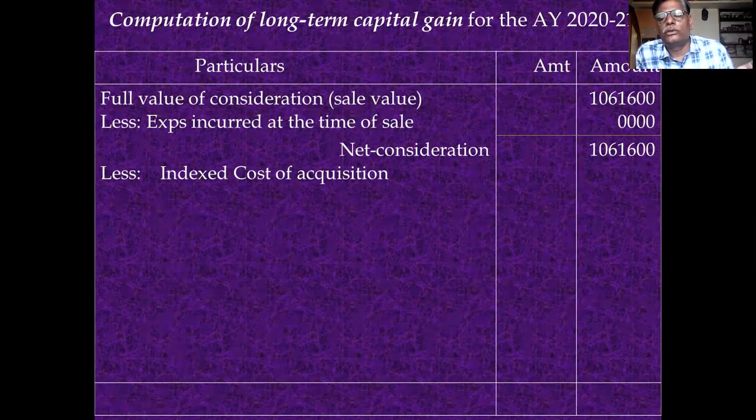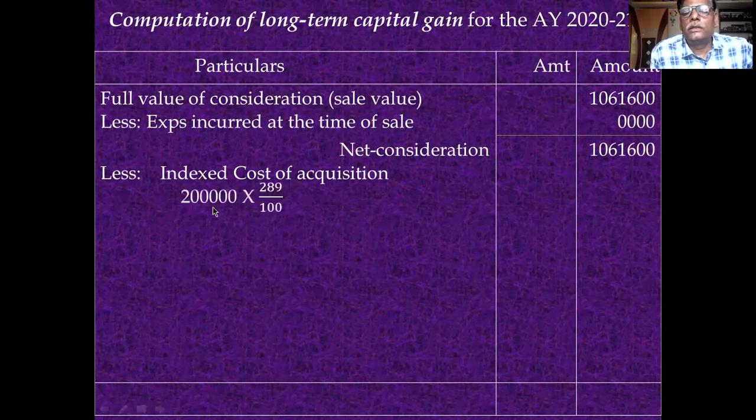So you see the fair market value. Fair market value is, I think, 1 lakh or 2 lakh. So fair market value is more. You take the fair market value. 2 lakh is the fair market value. Multiply by 289, present index.